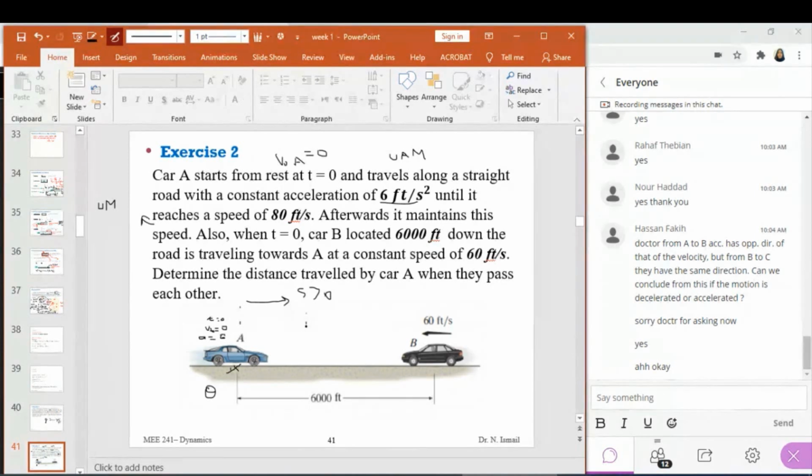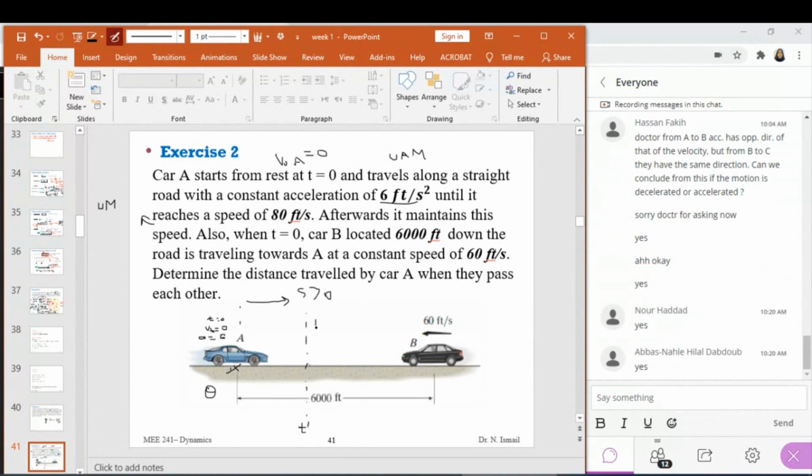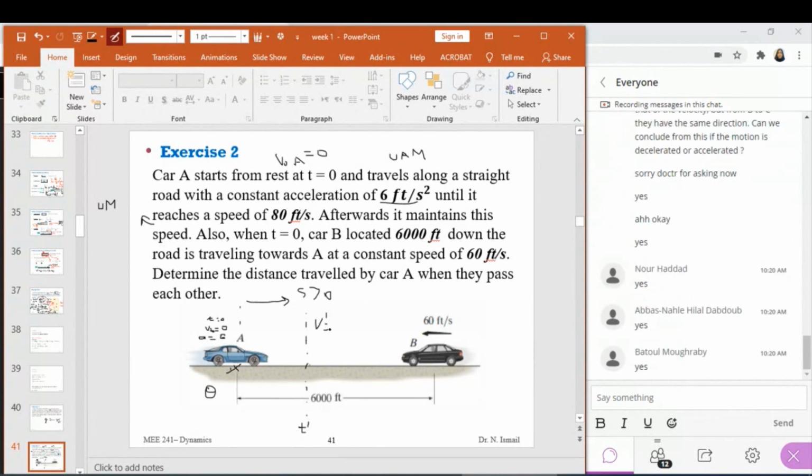And then at t prime, so we're going to call this t prime, you are with me, guys? You're listening? All right, so at t prime, V prime is equal to 80, and I don't know what S prime is here, but I know that after this t prime, the motion is uniform. So the motion here is uniformly accelerated motion, and after t prime, the motion is uniform.